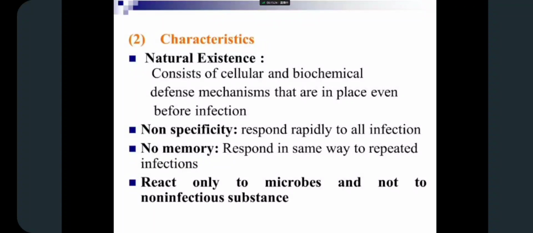This system must be activated quickly, be effective against relatively large numbers of microbes, and be able to react specifically with the infectious agent. This backup is provided by the adaptive immune system.